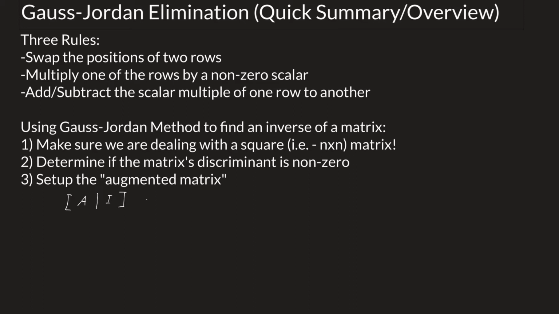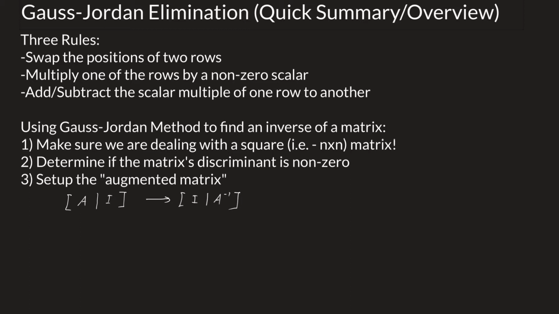In other words, we are going to flip things, so the identity matrix is on the left side, and on the right side we have A, but it's no longer A. It's actually going to be the inverse of A. Okay, so that's the whole goal here. We're going to use the Gauss-Jordan method to get from the left part to the right part.